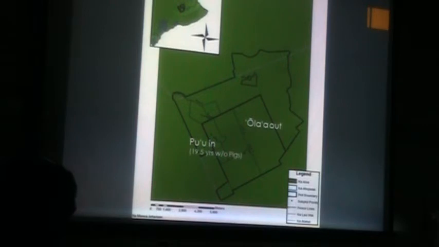Pu'u is 19.5 years without pigs. So we're looking at plots. Each set of plots is paired with fenced units and unfenced units to see the differences, how pigs affect the native forest, and when you remove them, how they affect the forest then.